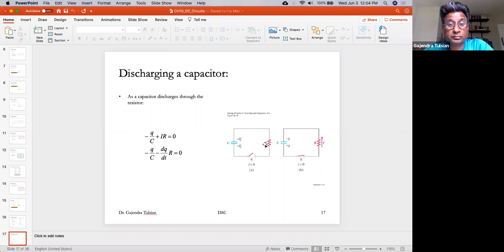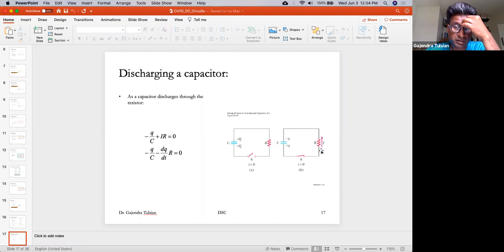Again, this is a closed loop. We'll apply Kirchhoff's rule. We'll start off here, and when you go across the capacitor, you're going from high to low voltage. So it's minus Q over C, that's the voltage across it. And then you're going against the current. It would be minus IR, no, plus IR.